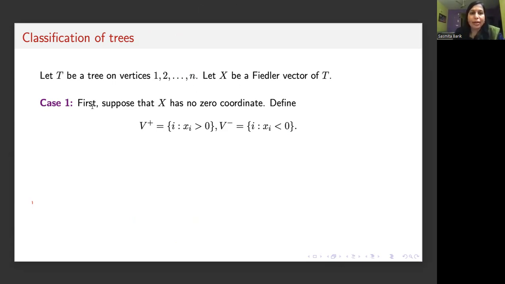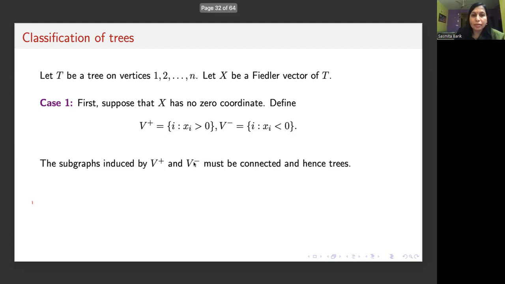Then I'll divide similarly. Let us first suppose that X has no zero coordinate. This may happen for certain trees or certain graphs. So in the first case, let's say X has no zero coordinate, so either it has positive coordinates or negative coordinates. Then V plus will contain all the vertices which are positive, and V minus contains all the vertices which are negative.